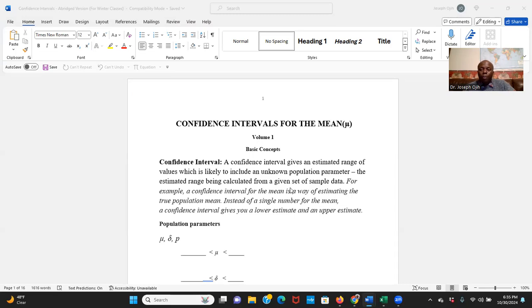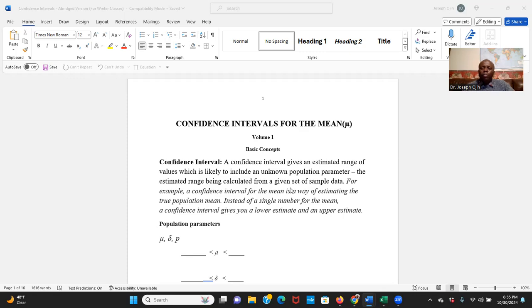That means the population parameter we're trying to estimate. This estimated range is calculated from a given data set of the sample data. So we are trying to estimate the range of values that will contain the population parameter.